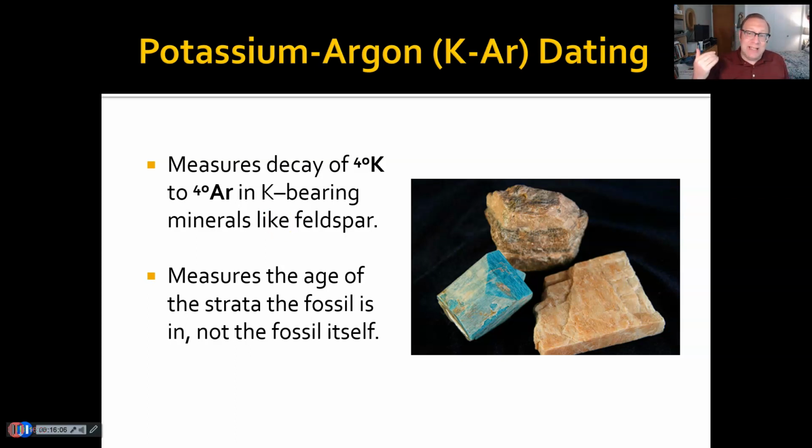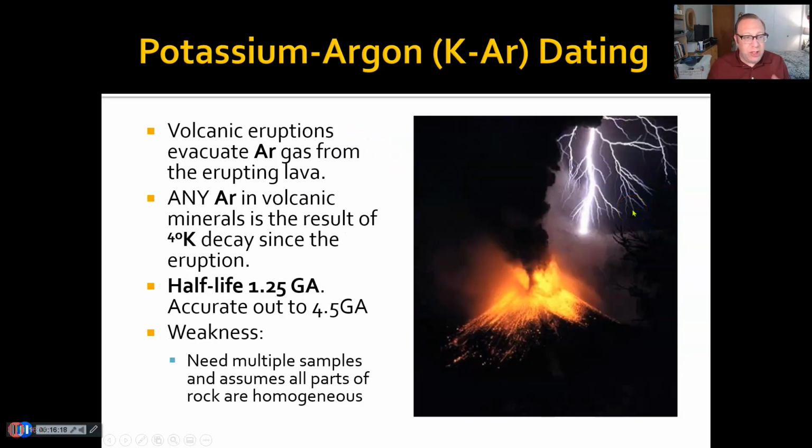Potassium-40 decays into Argon-40 in potassium-bearing minerals like feldspar and so forth. During volcanic eruptions, argon gas is evacuated from the molten lava. Okay, so when it falls, there should be no argon atoms in it whatsoever.